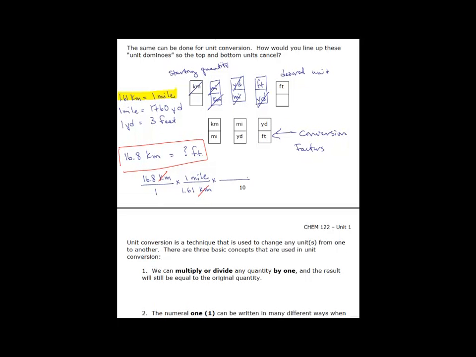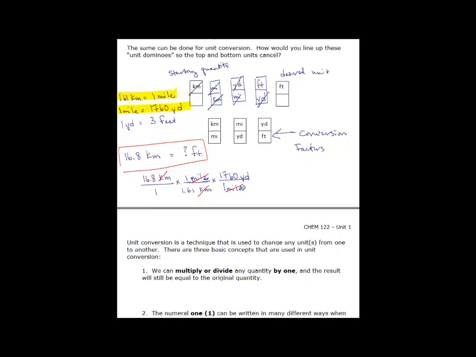Now I need to get miles to cancel out because I'm still not quite to feet yet. So I need to use this next conversion factor. 1 mile is 1,760 yards. So miles cancels out, and I'm in yards.